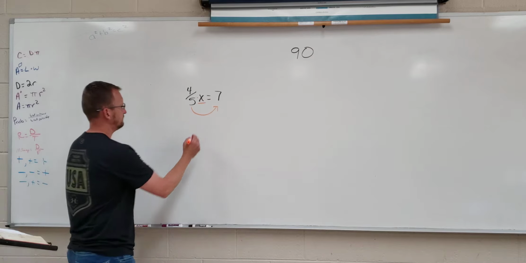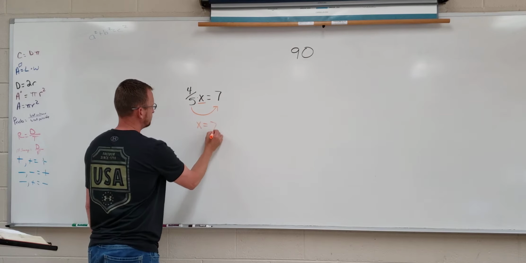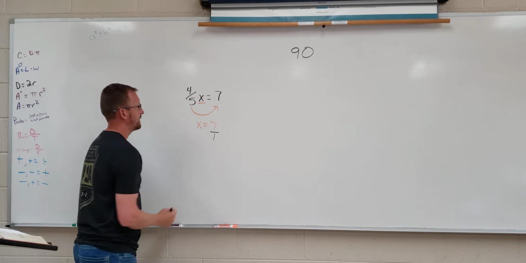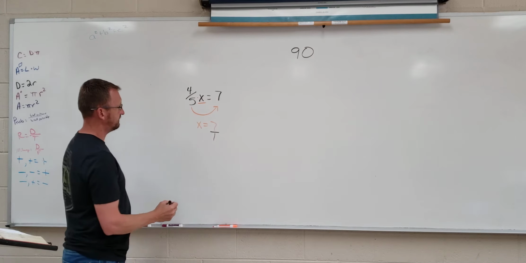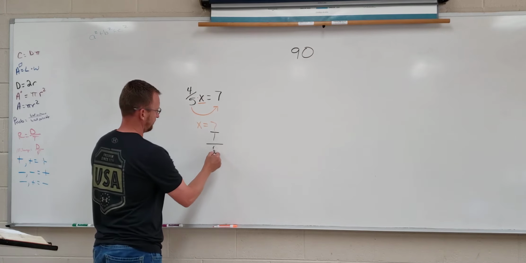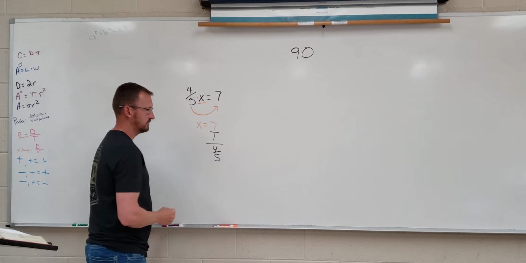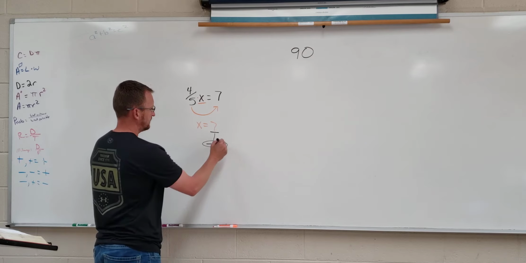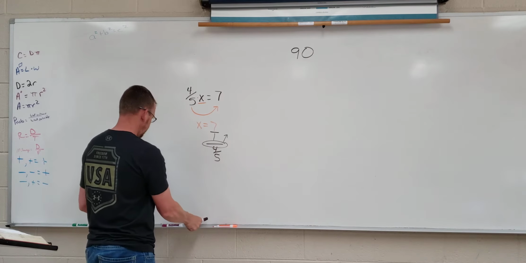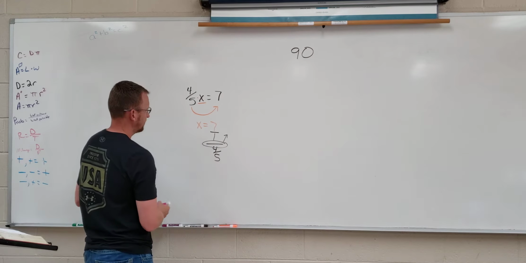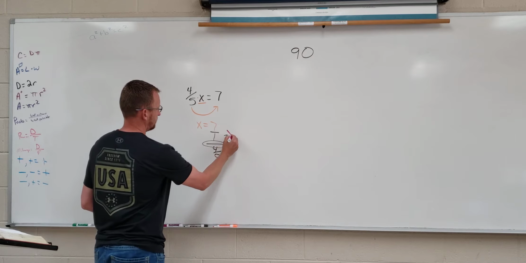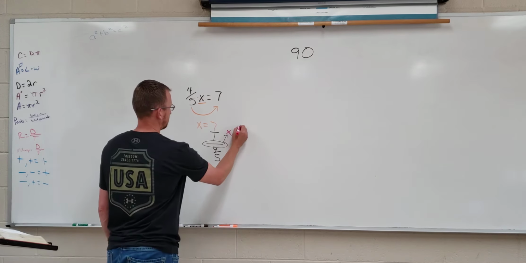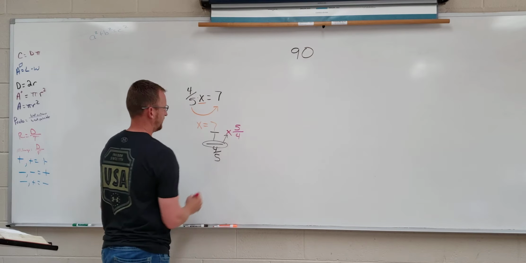When we do that, don't forget, we put our cell number 1, and we are dividing by 4/5. Now, when we divide, that means that we need to bring this up here and turn it into a multiplication. We're dividing by fractions. So it becomes 5/4.